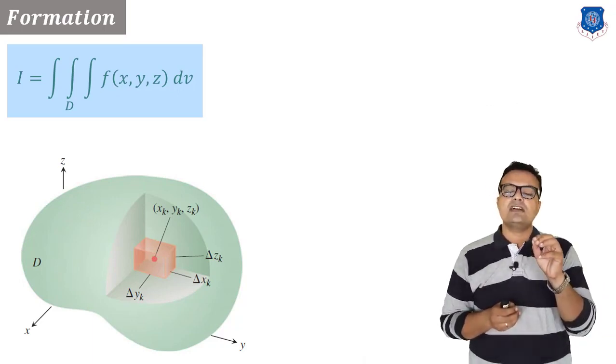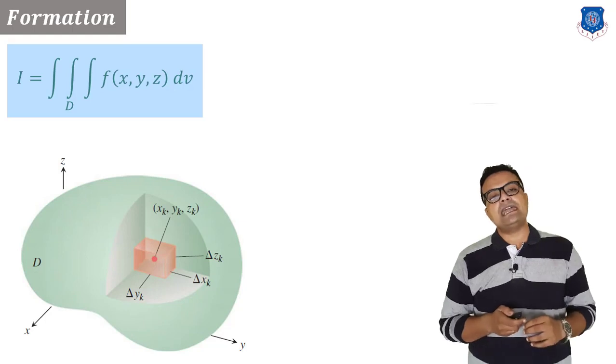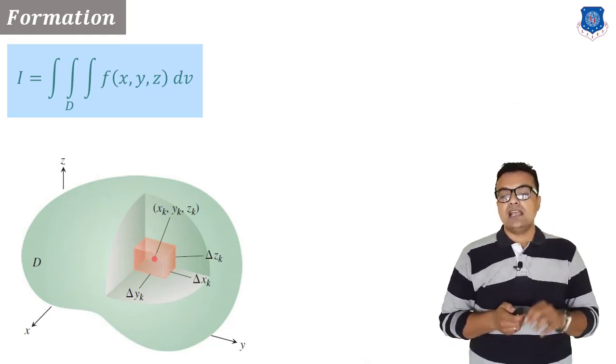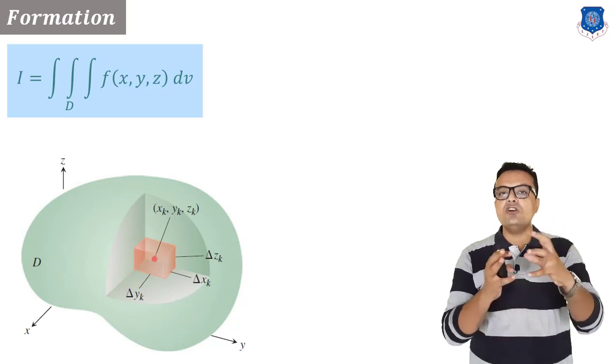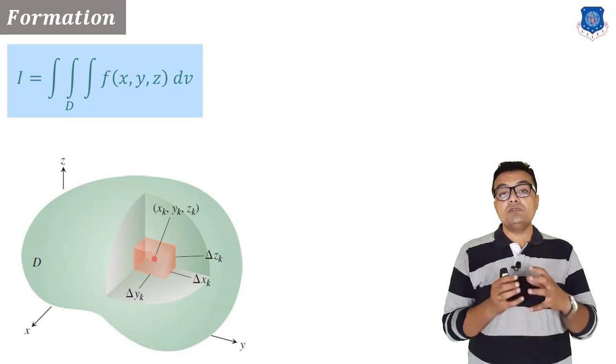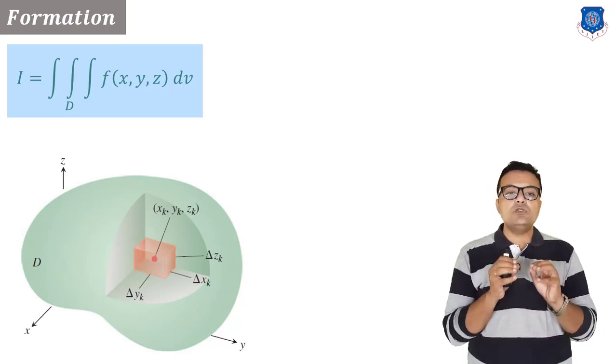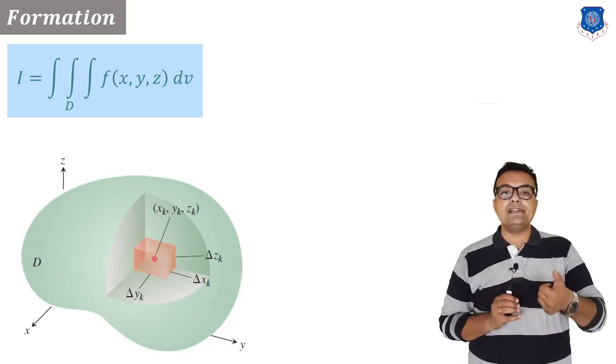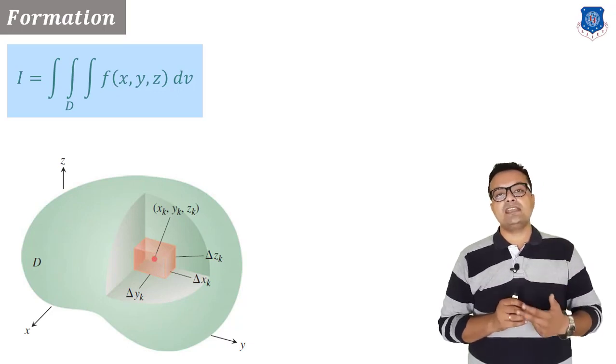Suppose I consider a random point which is denoted by xk, yk and zk from this domain D. And now if I find its surrounding, then obviously its surrounding will be a cuboid, and that volume is nothing but delta xk into delta yk into delta zk.